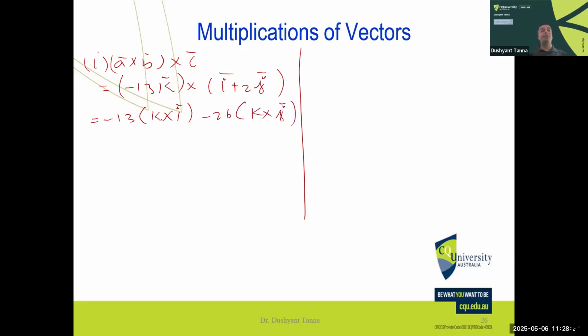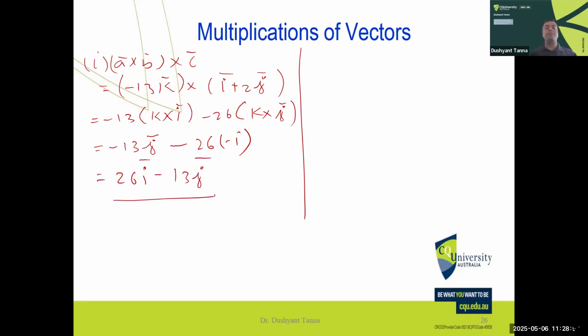Remember, i j k, k cross i will be j. Minus 13j. k cross j will be minus i. Right? So minus 26 minus i. We prefer to write i first, so that will be 26i minus 13j. So that is our second first part.